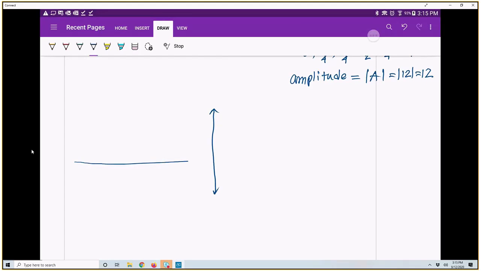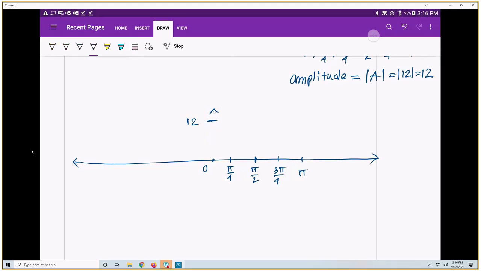On the x-axis, I start with the original point 0, then the key points pi over 4, pi over 2, 3 pi over 4, and finally pi. The amplitude being 12, I will mark 12 positive, and 12 in the negative direction as well.